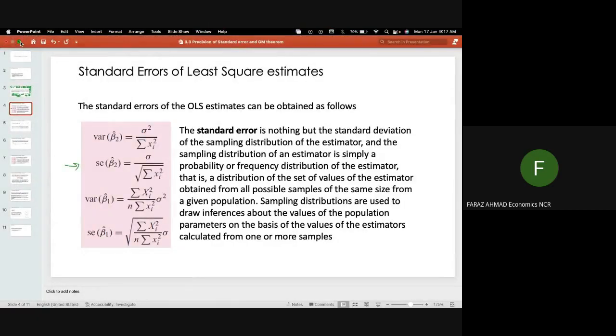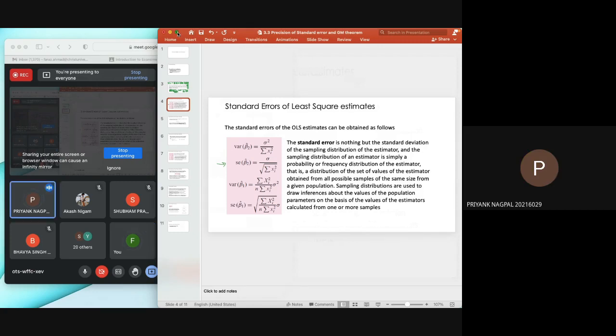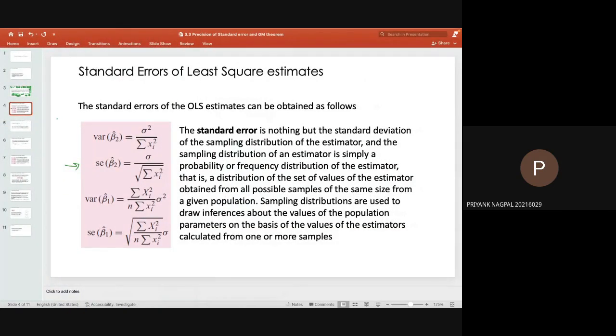So last time we calculated standard errors using these formulas. Sorry, another thing: to calculate the standard error, we always need the population, right? For example, if I have never conducted a census, I can never calculate the standard error. Yes, but there is a connect between a population parameter known as sigma and a sample statistic known as sigma hat.